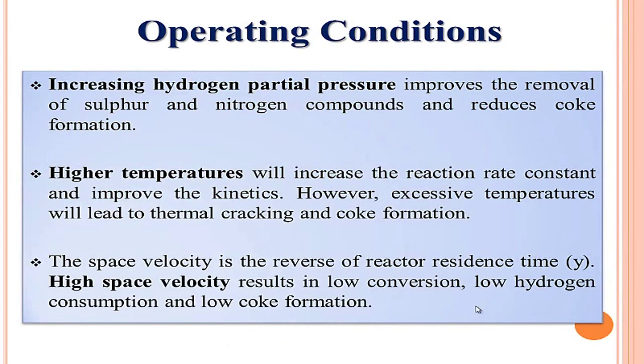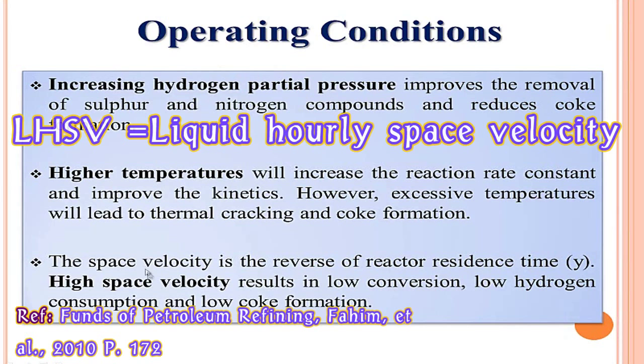So far, we can conclude that the conditions that favor hydrotreating, three factors, are high pressure based on the hydrogen that is fed in, high temperature, and high space velocity.